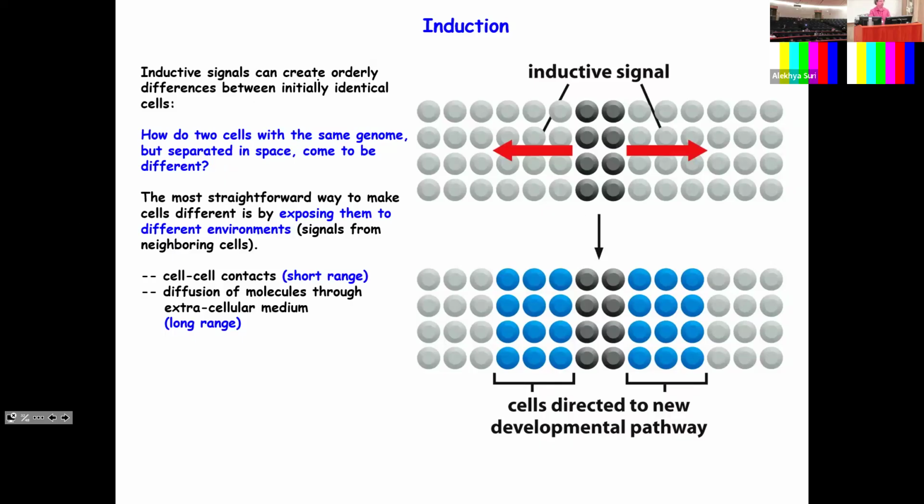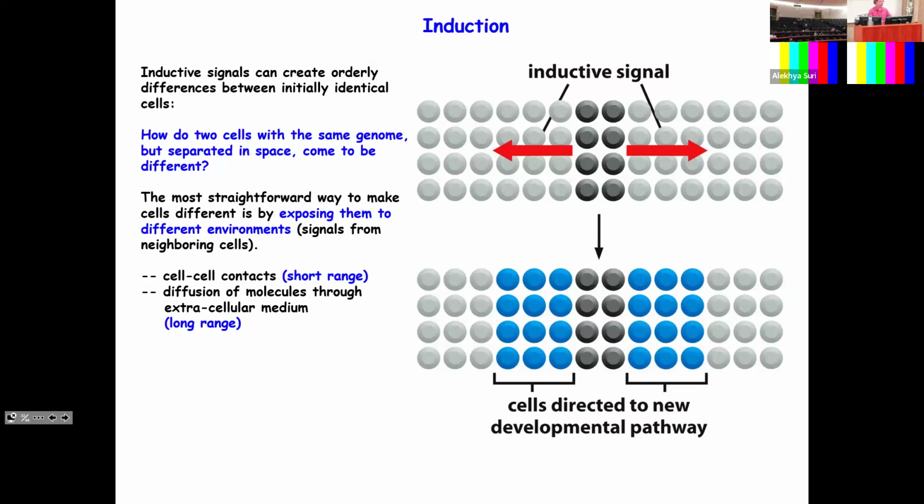So inductive signals can create orderly differences between initially identical cells. How do two cells with the same genome but separated in space come to be different? The most straightforward way to make cells different is by exposing them to different environments. In this case, these cells are being exposed to the notochord or to these central cell lines, okay?